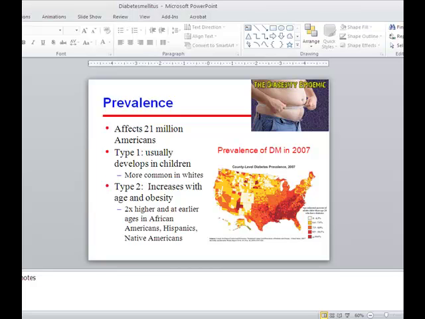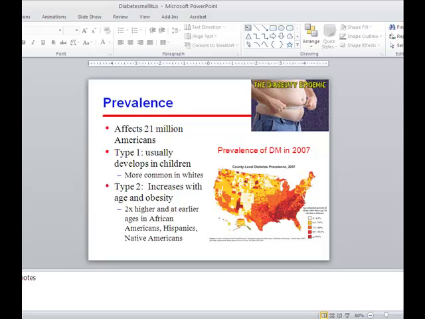Type 2 diabetes, of course, increases with age and obesity, and it has a much higher prevalence and earlier onset in African Americans, Hispanics, and Native Americans. So the prevalence of type 2 diabetes is greater in these groups relative to Caucasians.